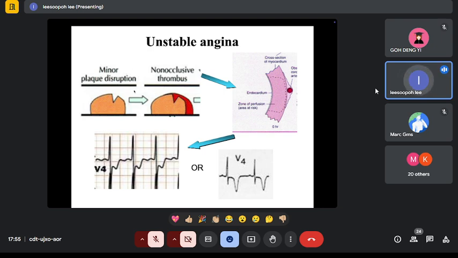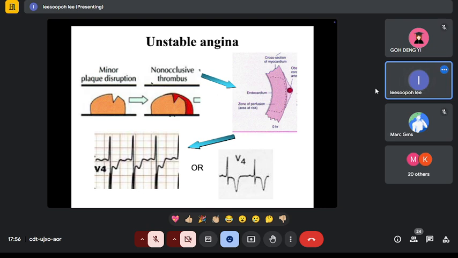So if you have a plaque rupture, you can have a sudden reduced blood flow to the myocardial muscles, but it does not totally occlude the vessel. It means you still have blood flow. You just have a relative reduction in the blood flow and oxygen supply. That's why the term unstable angina. There is ischemia, but there is no muscle death or muscle injury because there is still perfusion.